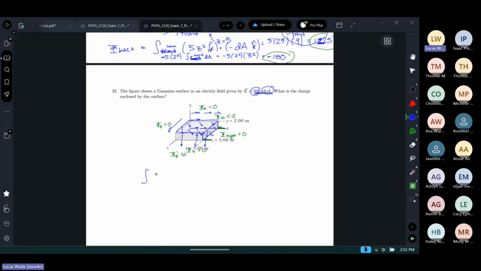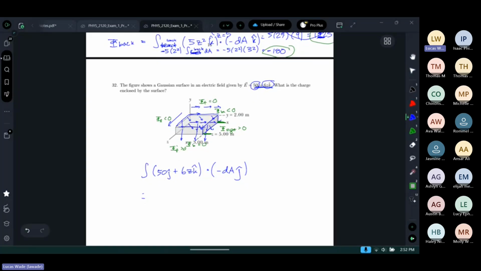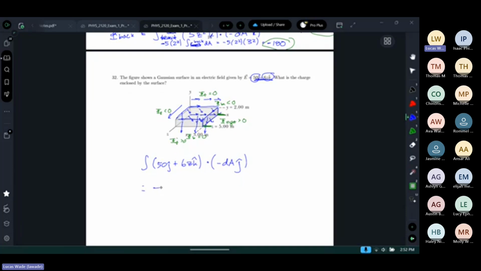For the left, it will be 50j hat plus 6zk hat dotted with negative dA j hat because that's along the y-axis. And so negative 50 integral dA on the left face. On the left face, it's that face.